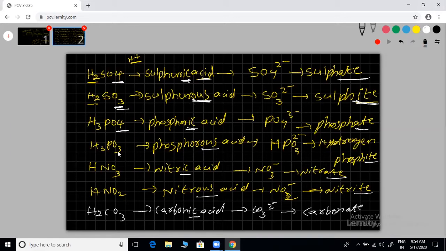Phosphoric acid has more oxygens compared to phosphorous acid. Nitric acid has 3, nitrous acid only 2. Whichever has more oxygens, we can say those are ic acids. There are still exceptions, but these are the ones commonly used. I hope you understood this point. Shall we move to the next slide?